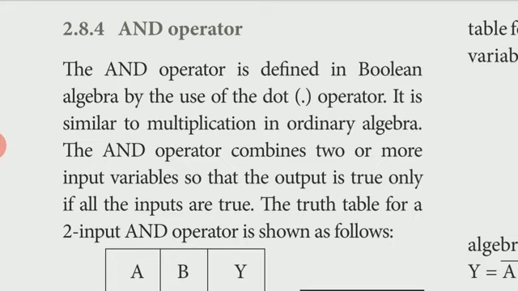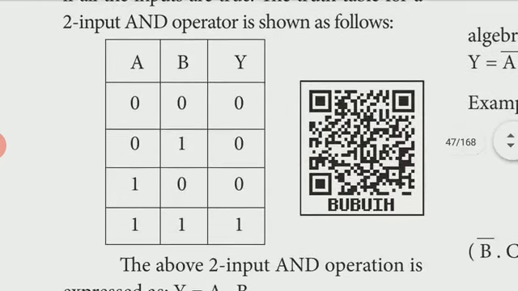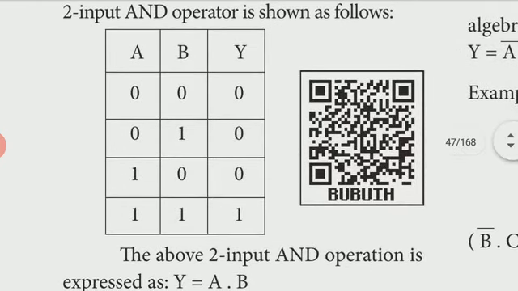Otherwise, it becomes false. See, this is the truth table with A and B. Only when A input is 1 and B input is 1 will you get the answer as 1.